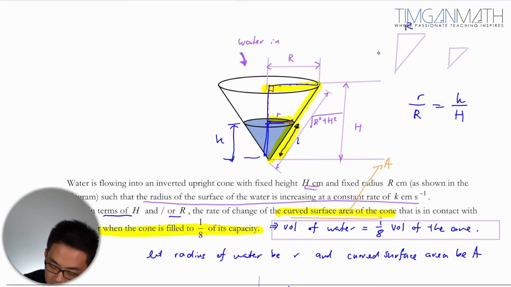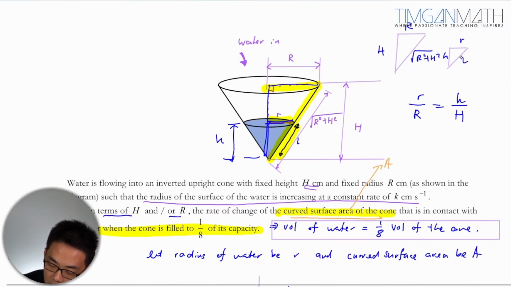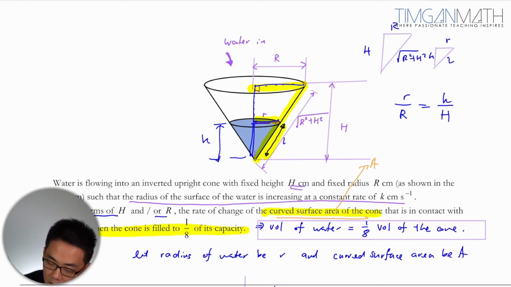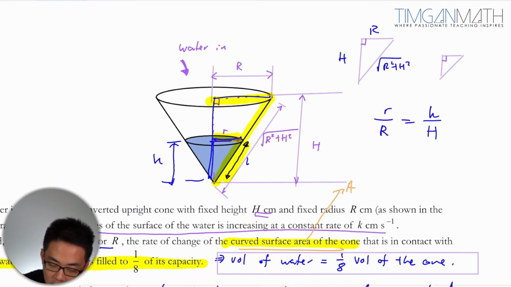So this is capital R, this is H, this is the square root of R squared plus H squared, and then this is r, this is h, this is l. Okay, so yep, this triangle is important. If you don't have this triangle, probably quite tough. Just draw this out. So this is 90, this is 90. So I'm going to just mark small r, h.